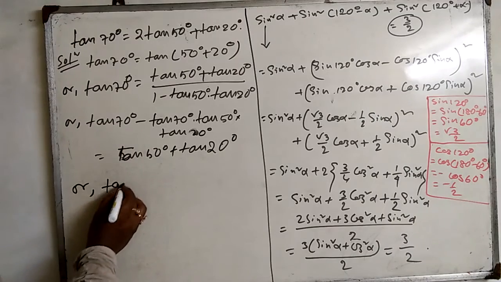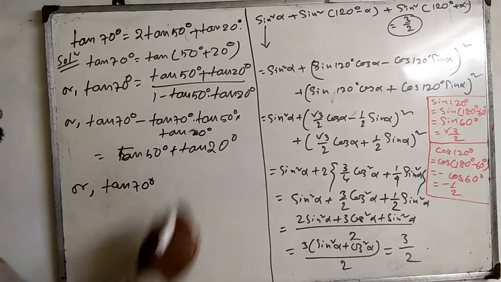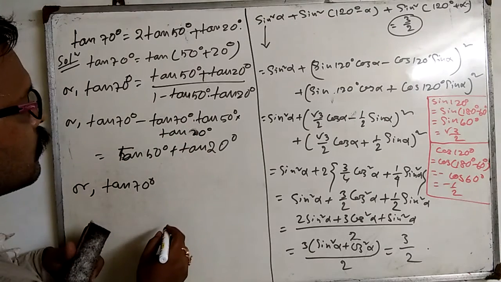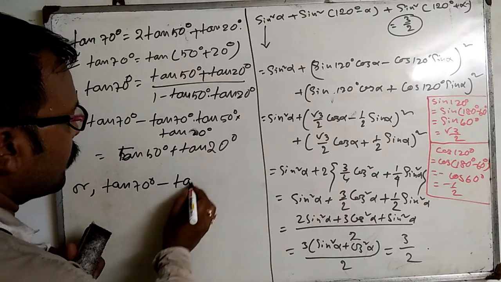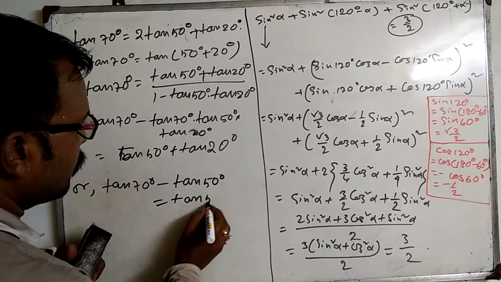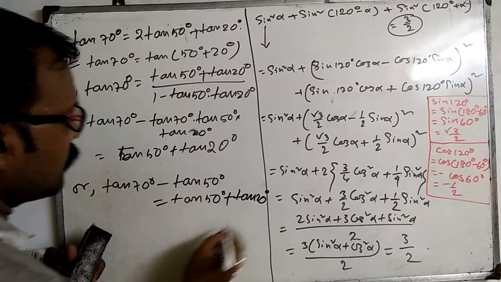Tan 70 tan 50 and tan 70 into tan 20 vanish out, broken. So minus tan 50 equals tan 50 plus tan 20.